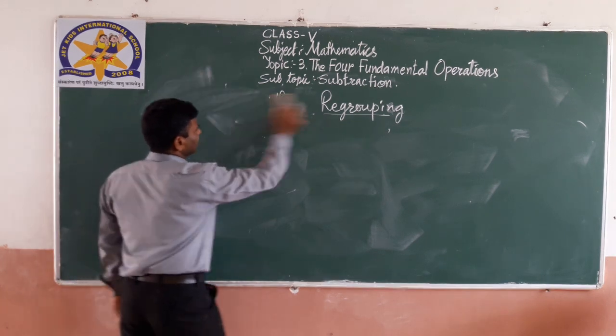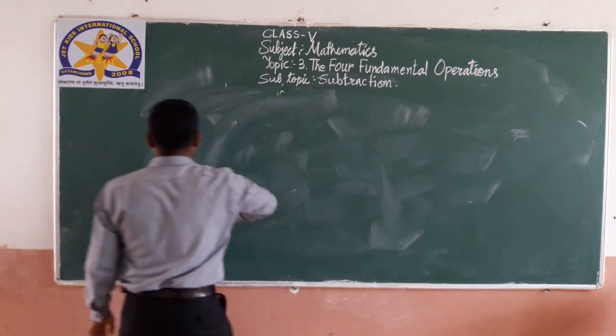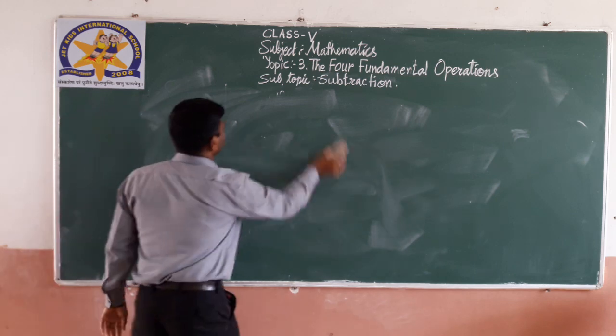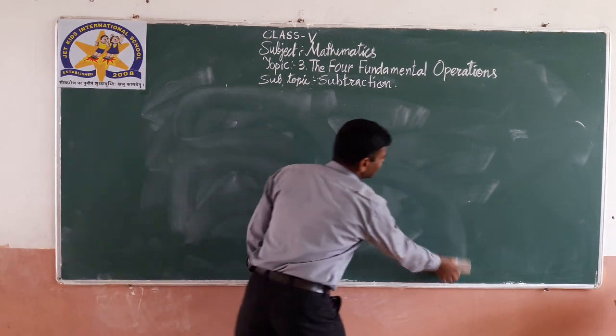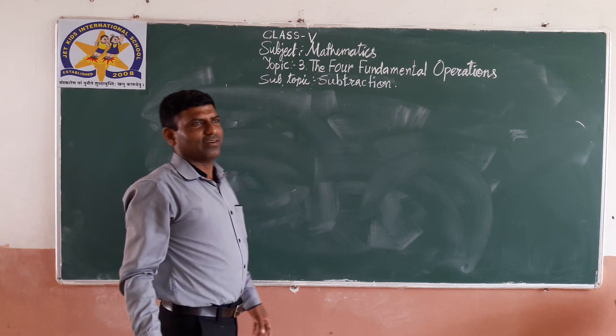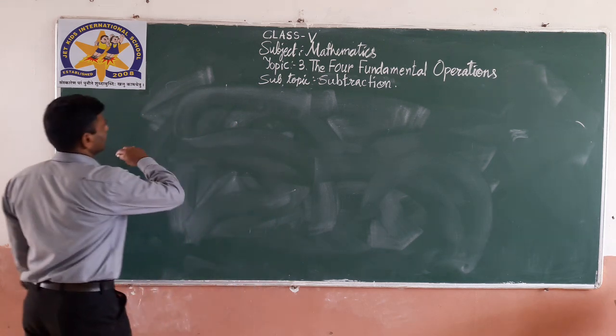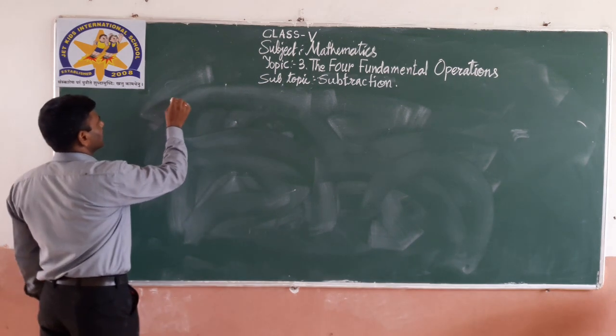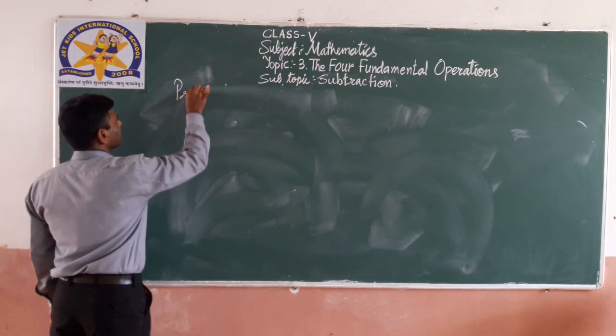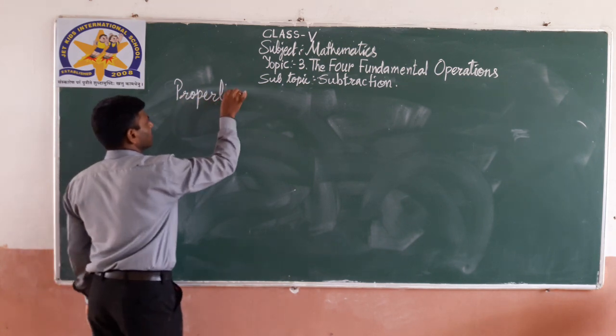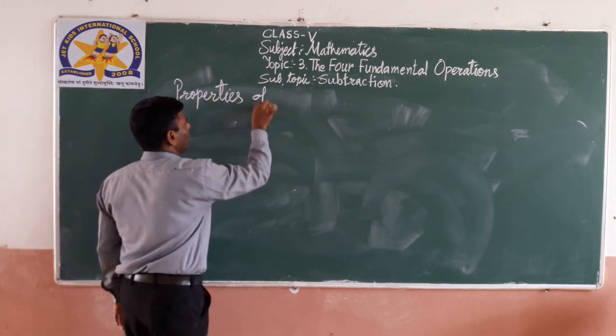It's very easy. In addition, we saw we can change the order of numbers or digits. See, properties of subtraction.